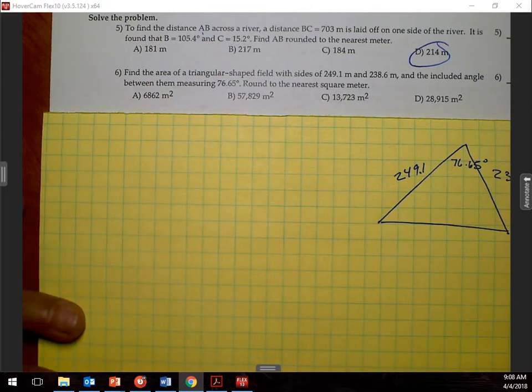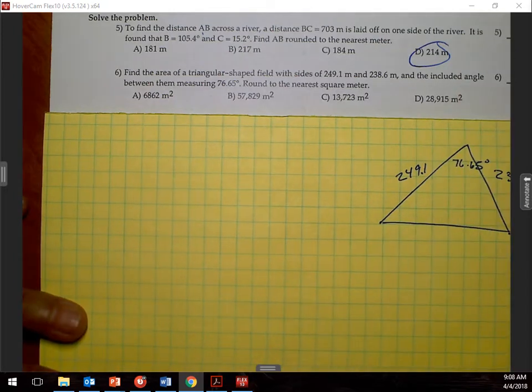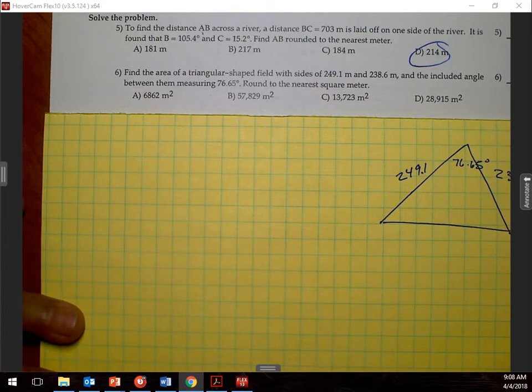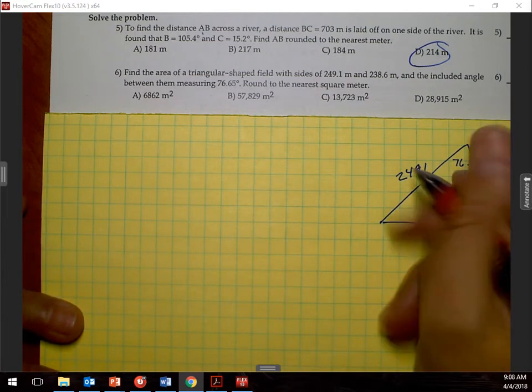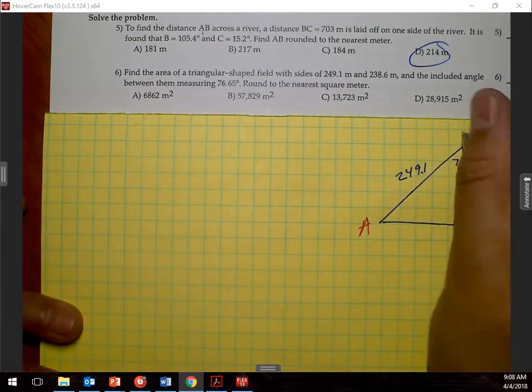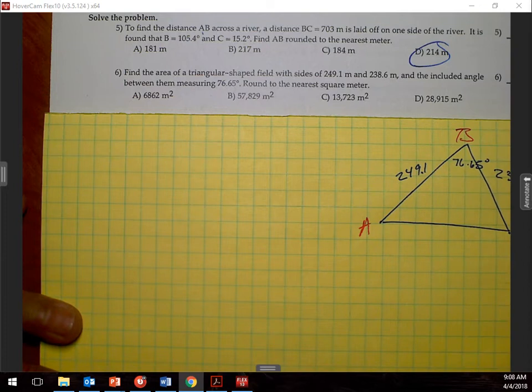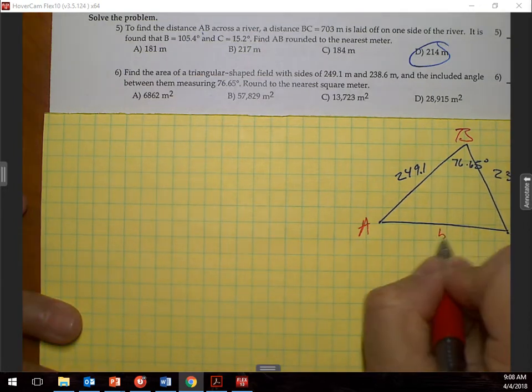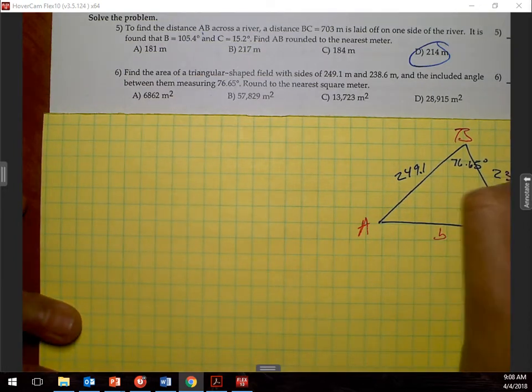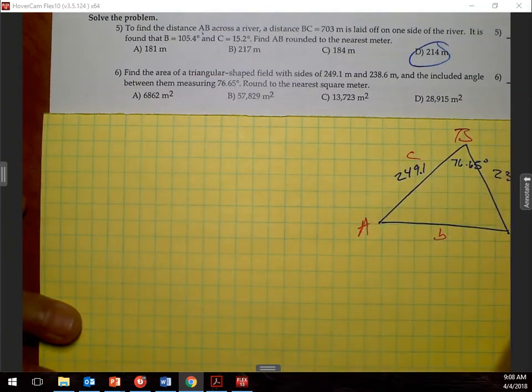All right. So, is this labeled? No, it's not given to me labeled. But all my formulas have labels, right? So you can go ahead and just label it however you want. So I, A, B, C, that's going to make this one here little b, this one here little a, and this one little c.